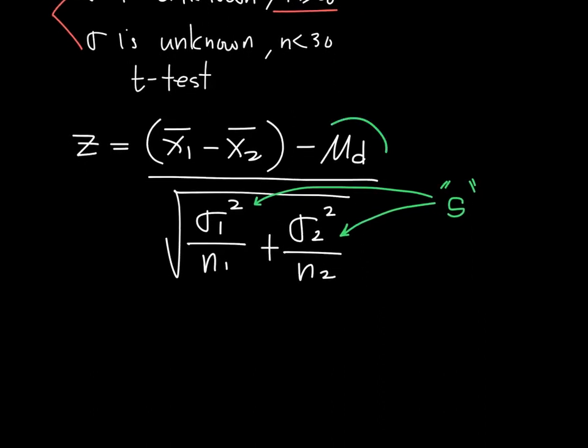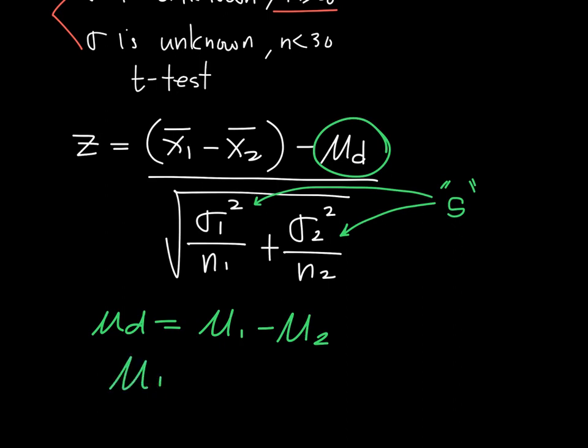Okay, this mu d is the mean difference, or the difference of the two means. So basically mu d is equal to mu1 minus mu2. And since our null hypothesis is that mu1 is equal to mu2, this means mu1 minus mu2 is equal to 0, because they are the same.